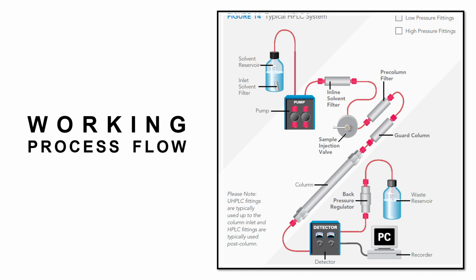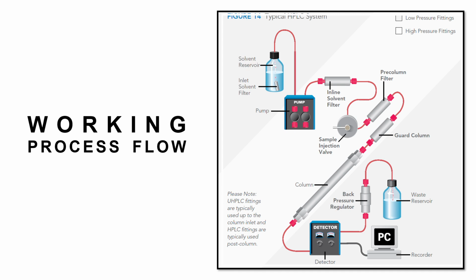The time required for non-retained compounds to go from the injector to the detector is called the dead time. The peak height is the vertical distance between a peak's apex and the baseline, and the peak area, colored in light blue, is the area enclosed by the peak and the baseline. These results are used for the qualitative and quantitative analysis of the sample components.